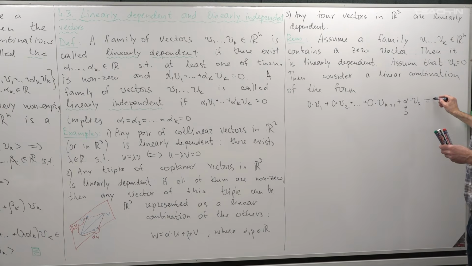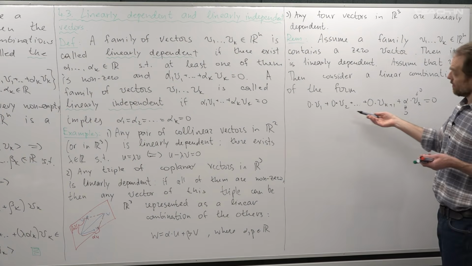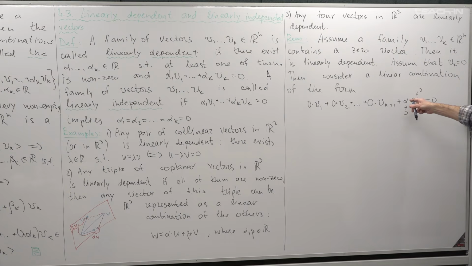So this is 0 just because vk is 0. So the whole expression is 0, but this linear combination is non-trivial because at least one of the coefficients is non-zero. So according to the definition, this family of vectors is linearly dependent.